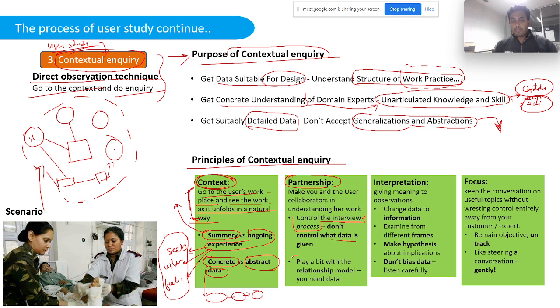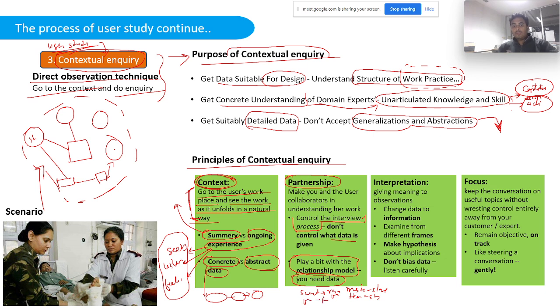Also play with the relationship model. That means play your role in such a way that the user is eager to give you information. Do not try to be in a dominating position. There are different relationship models, for example the master-slave model, the teacher-student model, the scientist and research-field model, then the friend model.